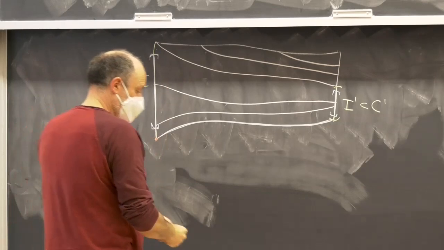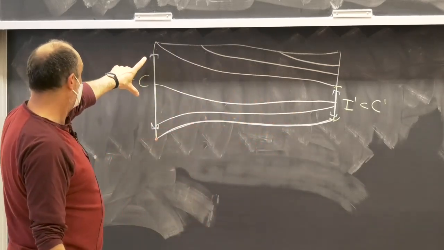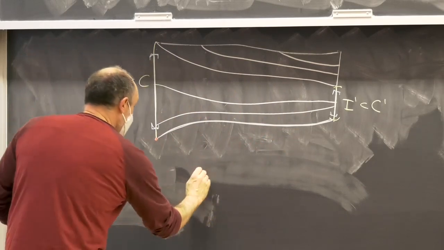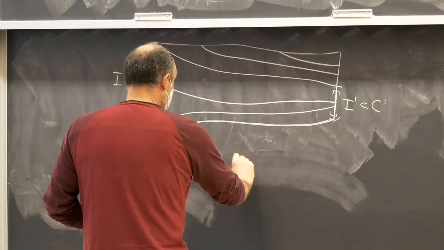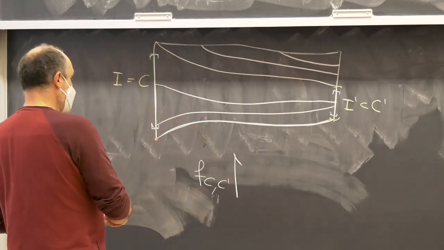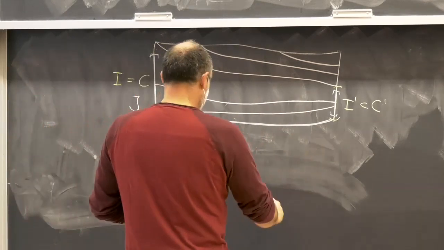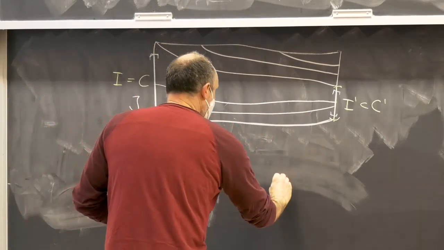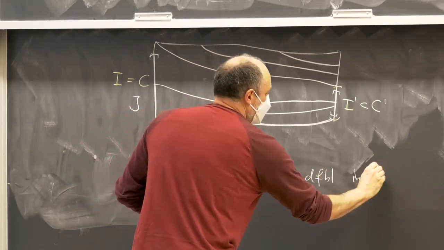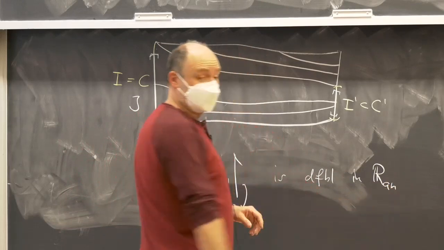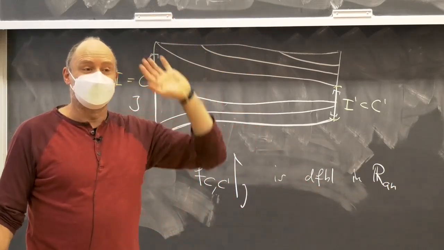In this case, the map f restricted to, well, this blue subinterval, what should I call it, J, restricted to J is definable in R sub an. That's a strong property that in this general setting, we have no idea about.